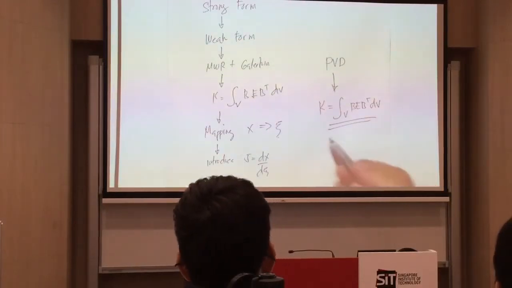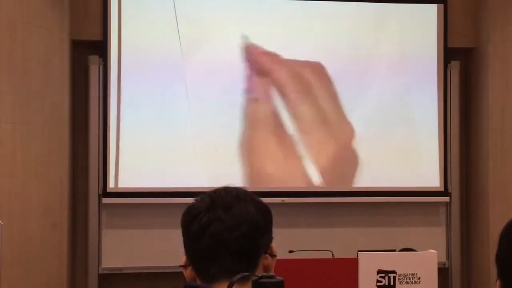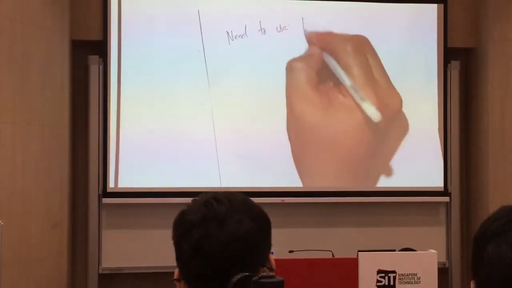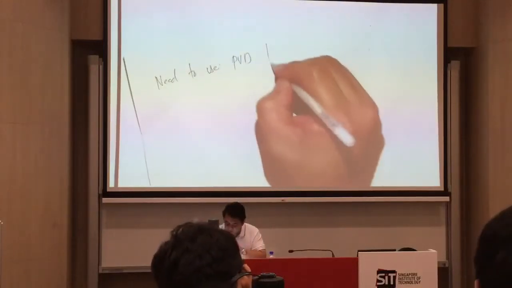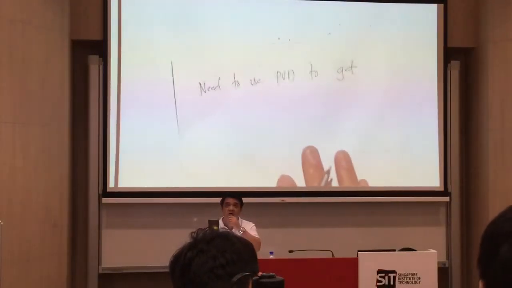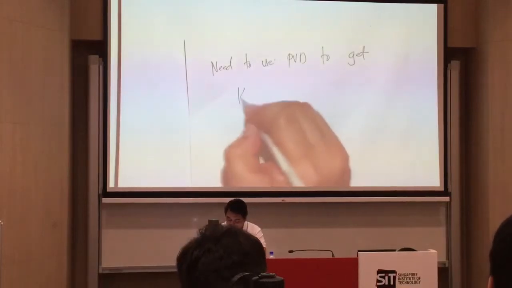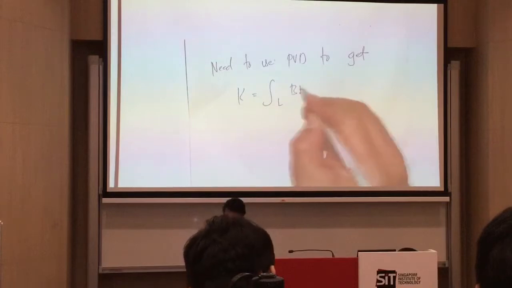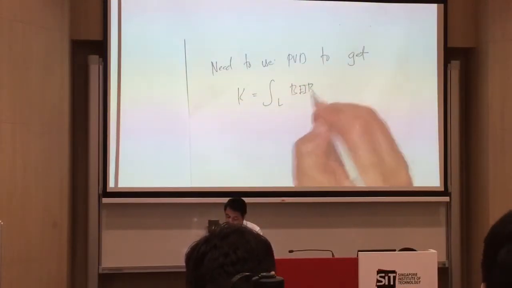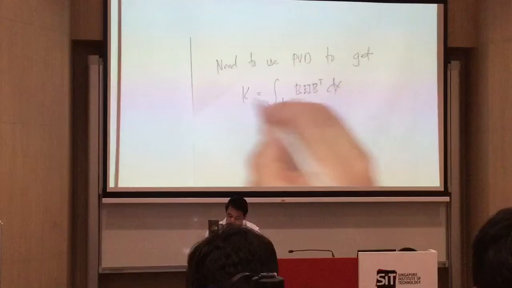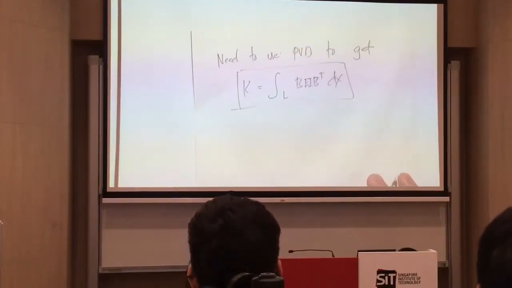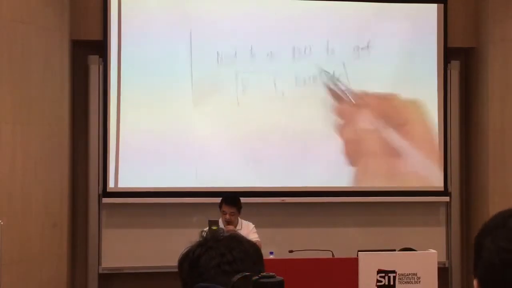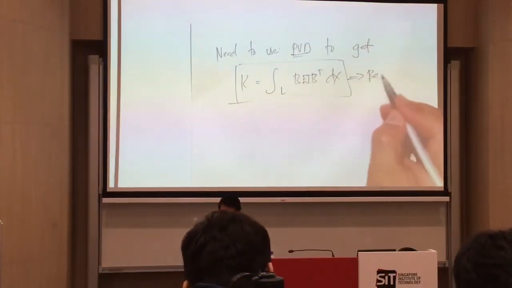We need to have a PVD, so we need the PVD to get this one here, K, the line integral of B, E, I, B transpose, dx. So we need that PVD to get this stiffness matrix for a beam.